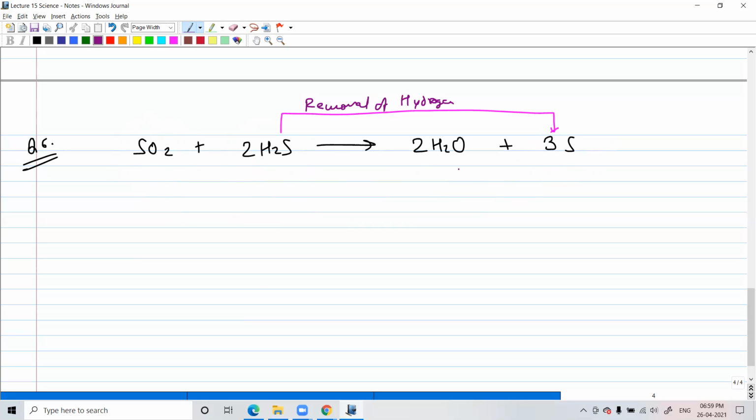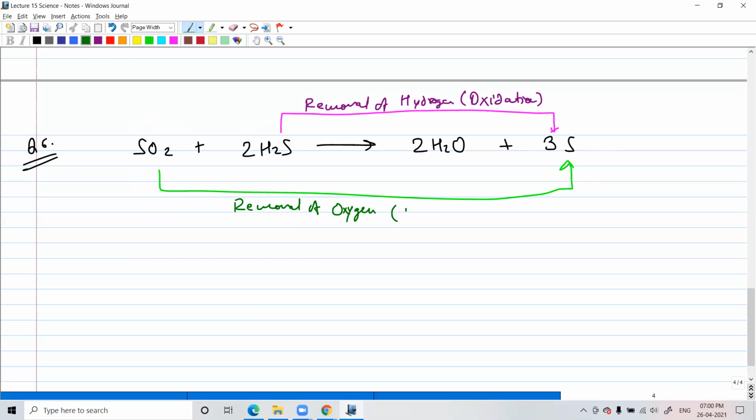So this makes more sense to understand that this is oxidation, and this one is reduction. What is the reason here? Removal of oxygen.